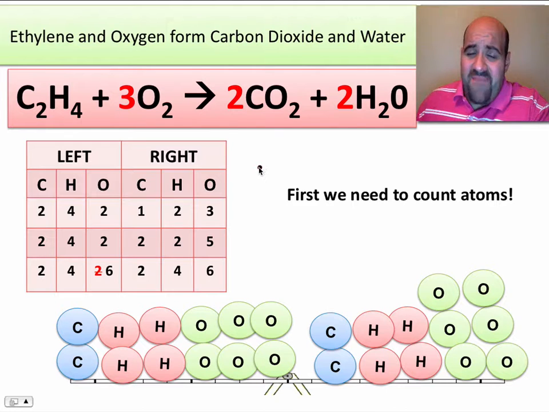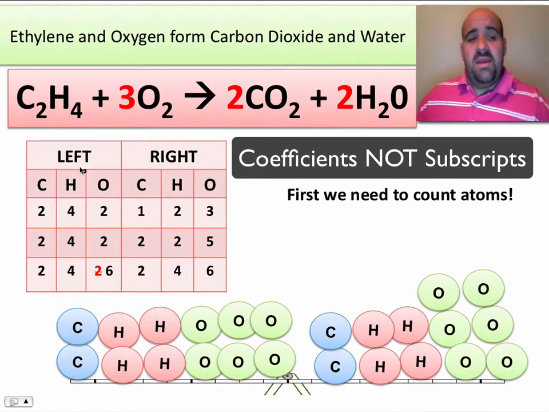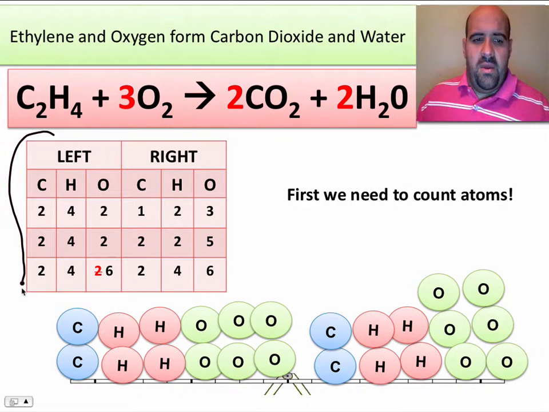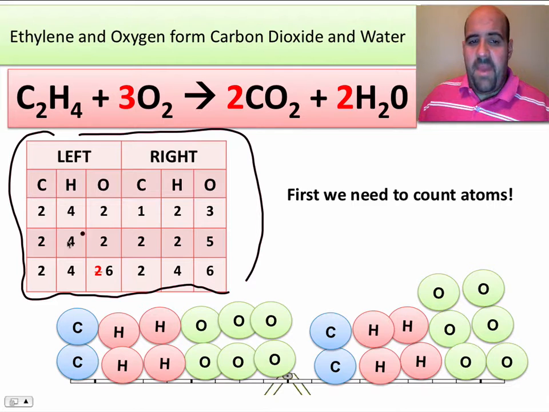And sometimes you just have to play with these. You have to just keep changing coefficients until you get what you want. The way I recommend doing it, and the problems do get a little complicated, is creating a table like this. Count atoms on each side, and as you change the coefficient, make a new row where you're recounting the atoms and keeping track of what you got.